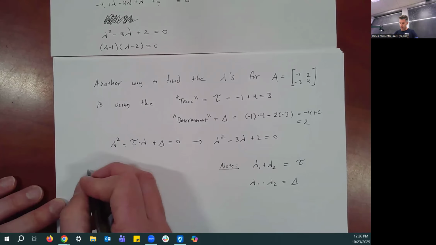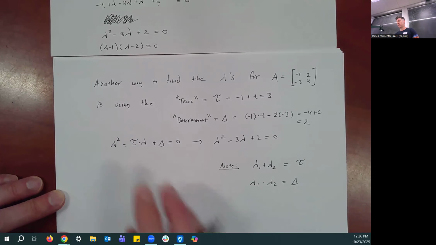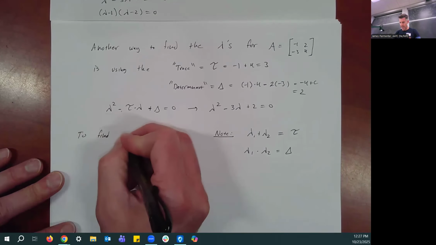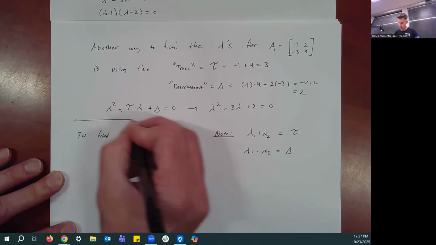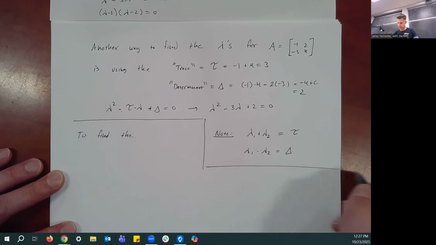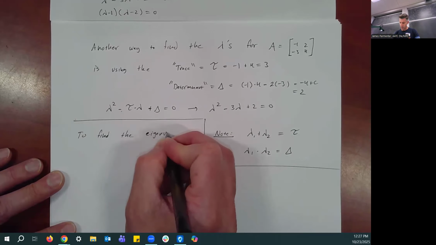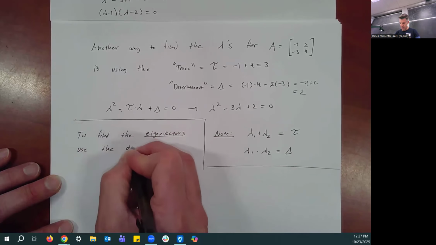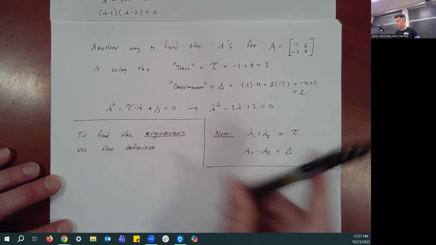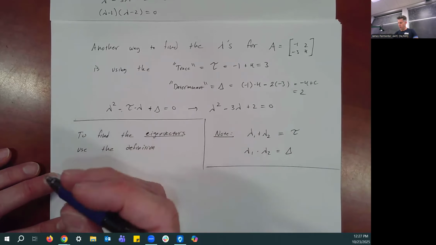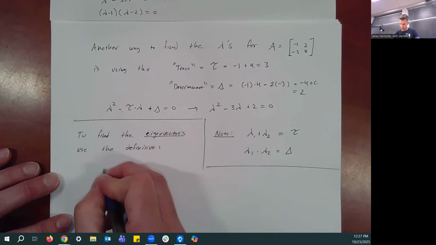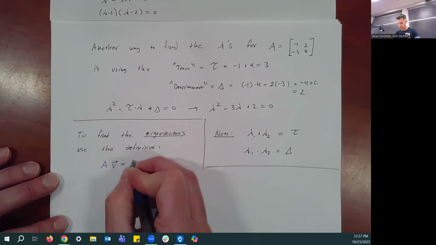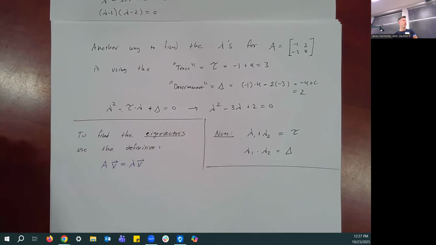So to find the eigenvectors, we're going to use the definition, which is the following: your matrix A multiplied by your eigenvector should equal lambda, your eigenvalue, times your eigenvector.